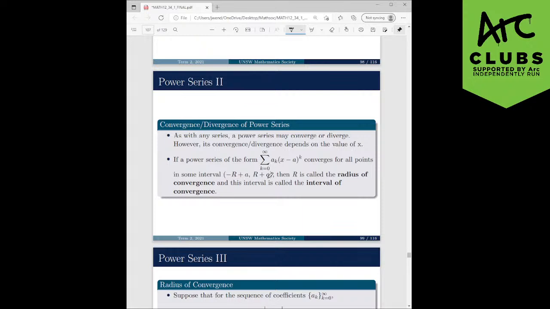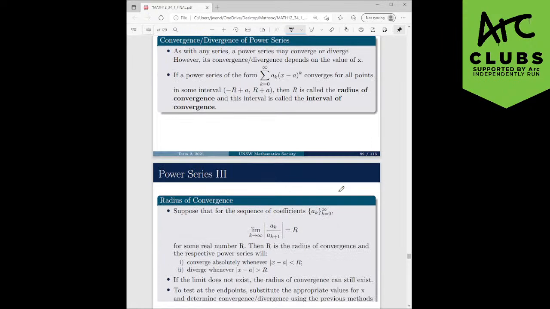That might help. It's just an interval going out from the a, and r is the radius of that convergence, and this interval itself is called the interval of convergence. So over this little interval here, your power series will converge for all the points in the interval, excluding the endpoints. So if your power series does that, that's how this radius and interval of convergence pops out.